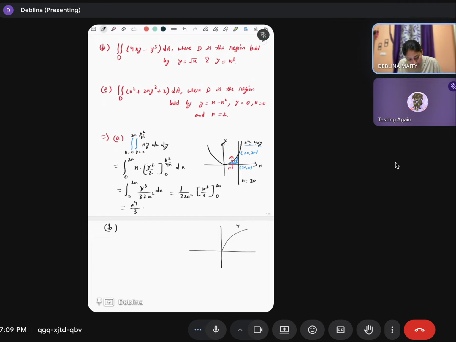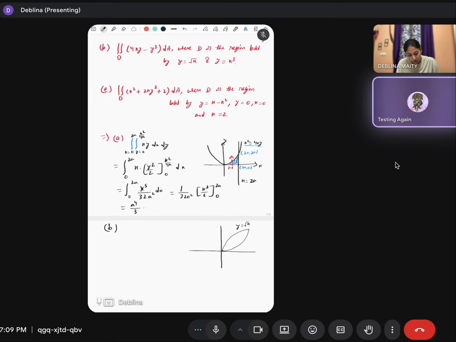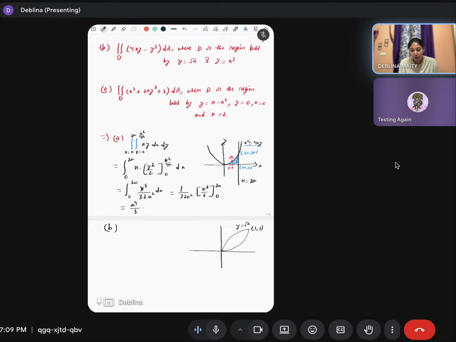So this is y equals root x, and y equals x cube will be this, and they will meet at the point 1 1. Both curves pass through 0 0 and 1 1.